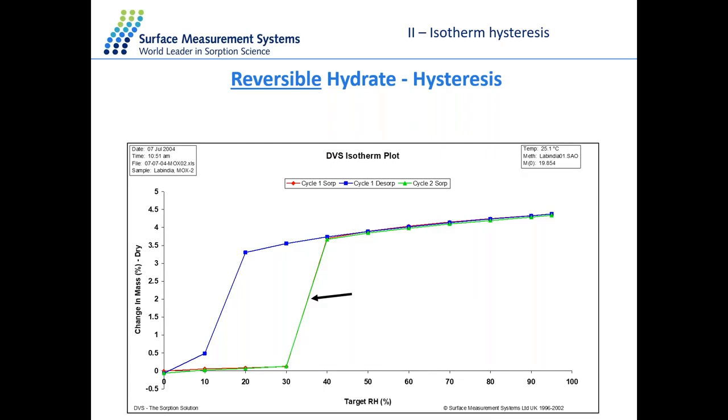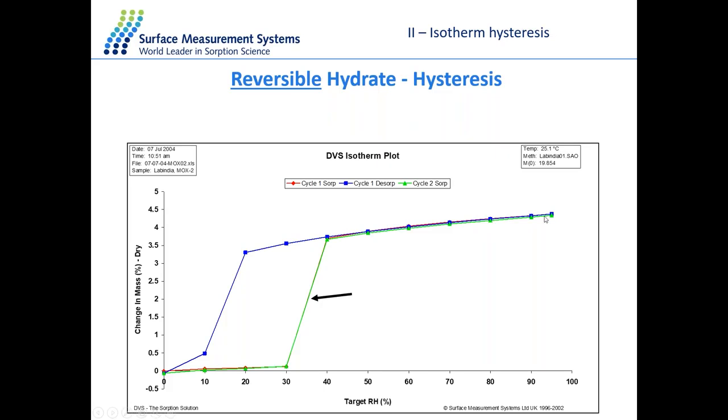If we plot the isotherm, you can see over here that's basically the data that I was looking for, and that's the similarity that I was trying to trace with a piece of porous material. During the first absorption cycle, the material does not take up any water until it gets to a critical level of relative humidity, which in this case is 30%. After 30%, it jumps right up. It forms the hydrate. Once the hydrate is formed, there is not a lot of space left for water, so all that is left is surface sorption right here.